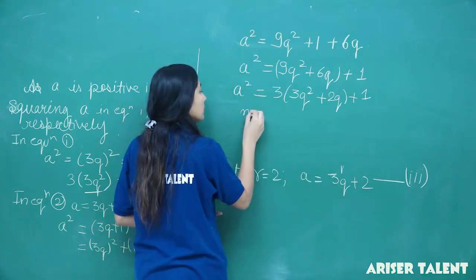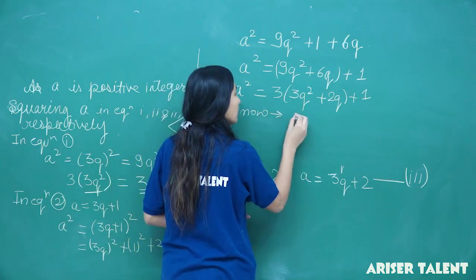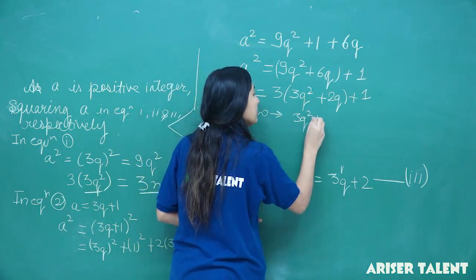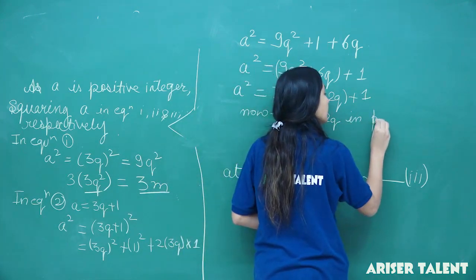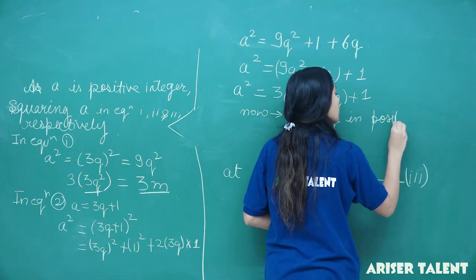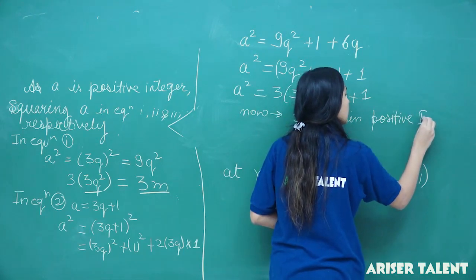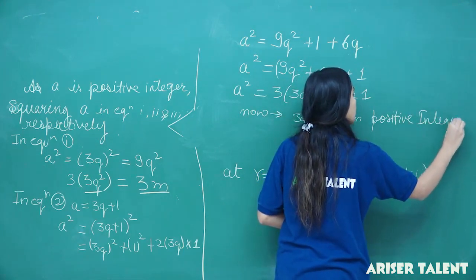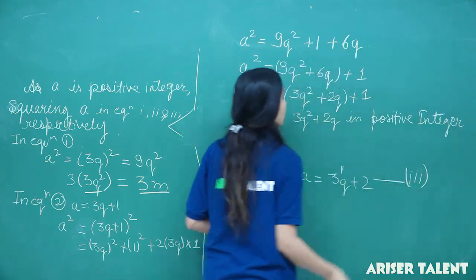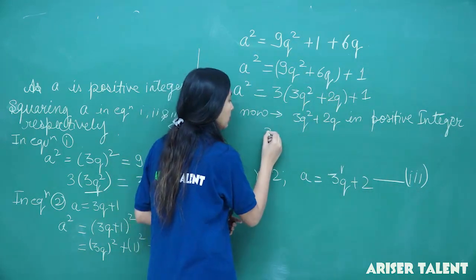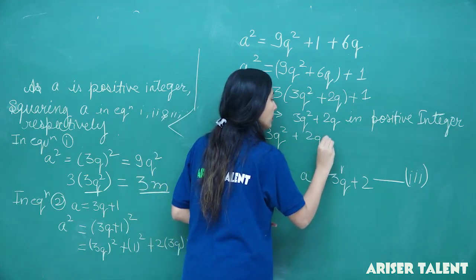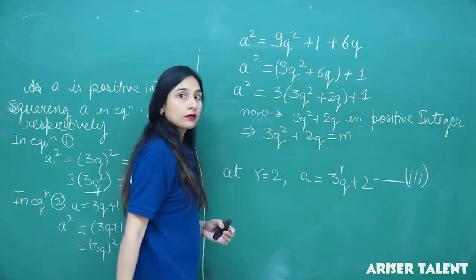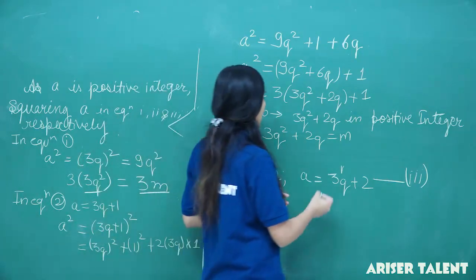Now, 3q square plus 2q, where q square is a positive integer, right? So 3q square plus 2q equals m. Okay, so put the value.